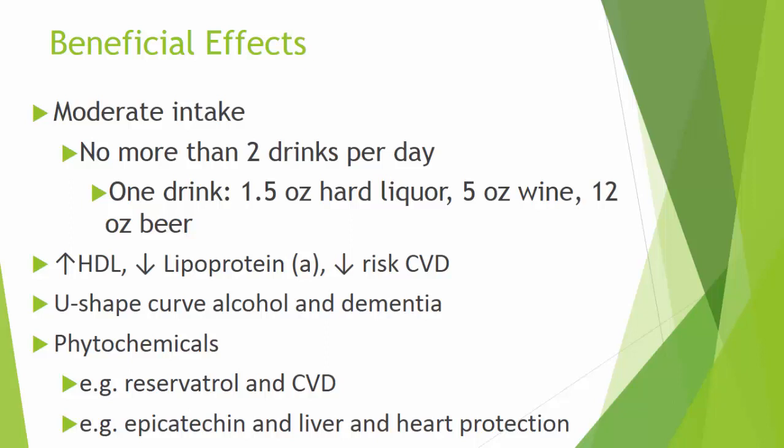If they go up substantially, we can have acute negative effects and we can have chronic negative effects. So the use of large quantities of alcohol on a regular basis can be very, very detrimental to one's health. And we learned, though, that if we can restrain ourselves to moderate intake and savor the beverages we consume, we can have some beneficial effects.